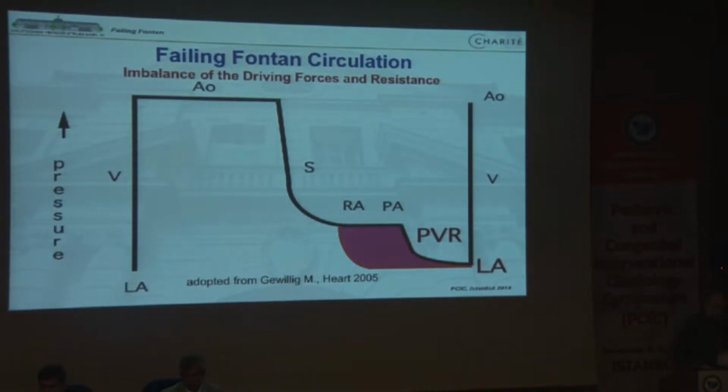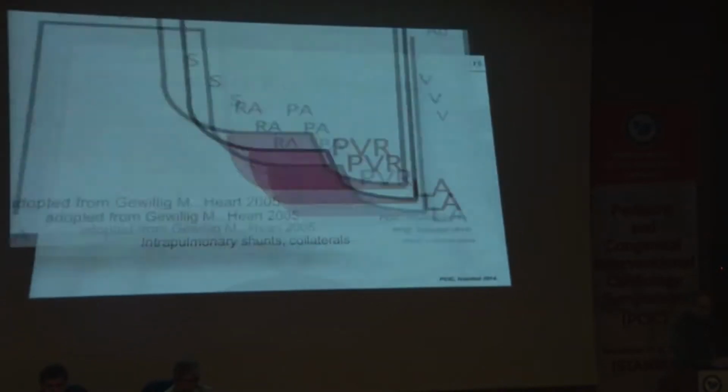That is due to the imbalance of the driving forces, which is a measure of left atrial filling pressures, which means stiffness and the function of the single ventricle, the pumping part, and the pulmonary vascular system, which is causing pulmonary vascular resistance and elevated pulmonary artery pressure.